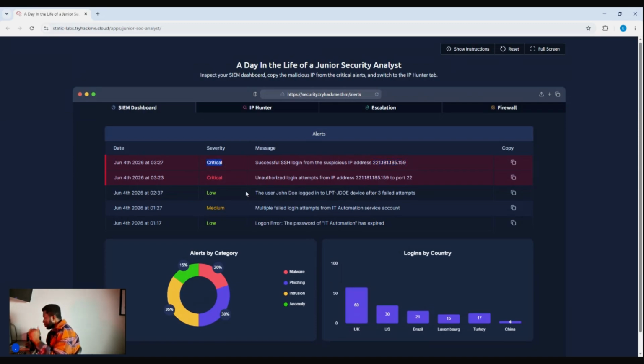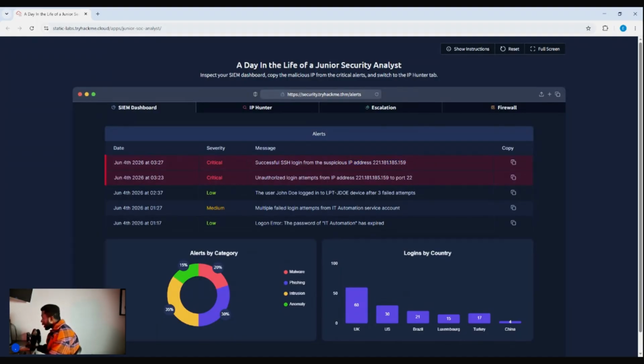Mind you, you can flag an activity as critical, as low, as medium. Now, in this case, he's flagging this as critical because an unknown IP address with this number logged into the company's network.